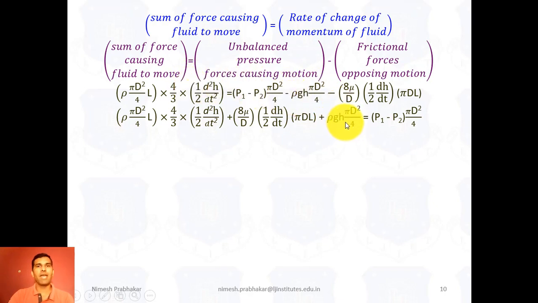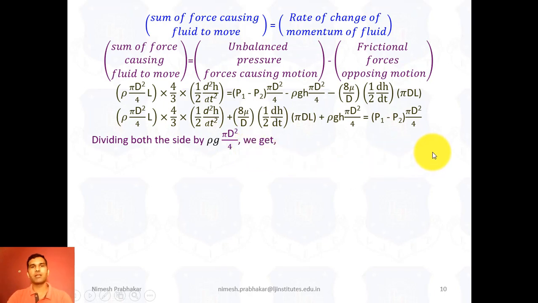So rho g h pi d square by 4, and this is P1 minus P2 into pi d square by 4. Now we divide both sides by rho g pi d square by 4.